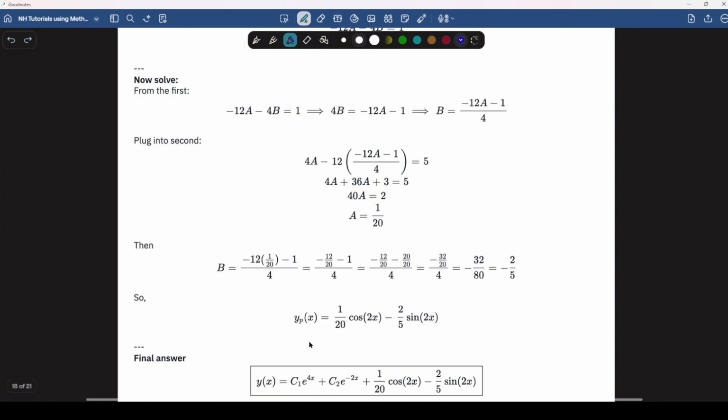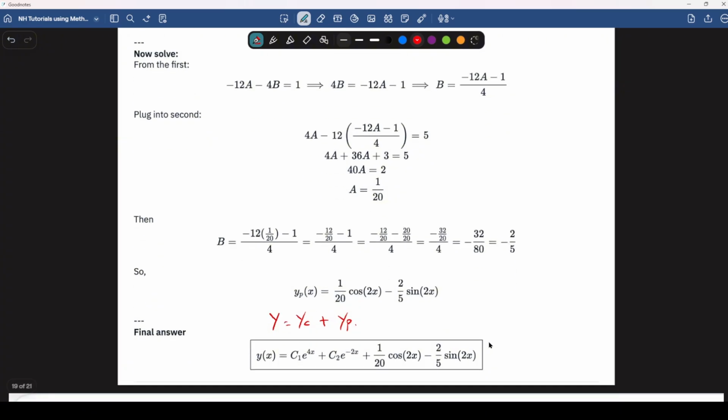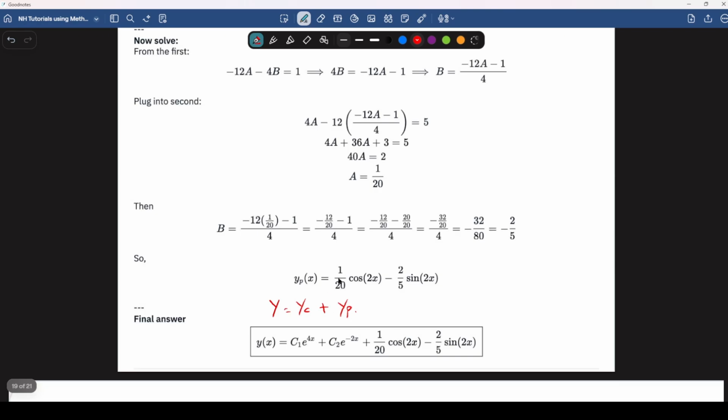The next step is simply to combine the general solution, which is yc plus yp. Our yc is c1 e to the power of 4x plus c2 e to the power of negative 2x, from the beginning, for the complementary part. And then our yp is 1 over 20 cos 2x minus 2 over 5 sin 2x.